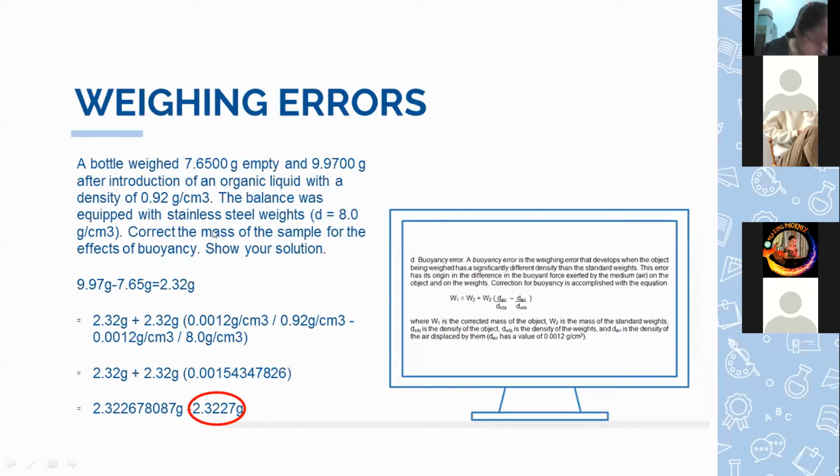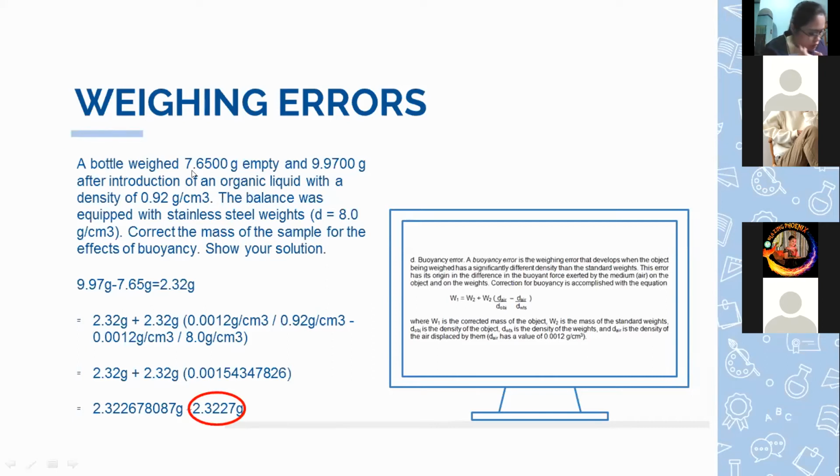This error has its origin in the difference in the buoyant force exerted by the medium on the object and on the weights. So correction for buoyancy is accomplished with the equation. Using this equation, isosolve natin ang correct na buoyancy ng ating problem ng bottle.